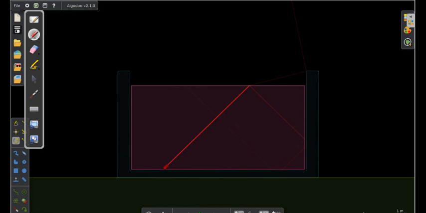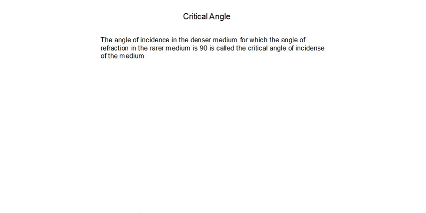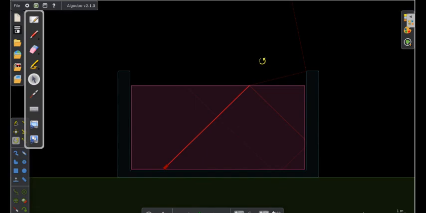I need to change the color, else you won't be able to see. Let me change the color to yellow. Then if you look here, this being the normal, this is the angle of incidence.